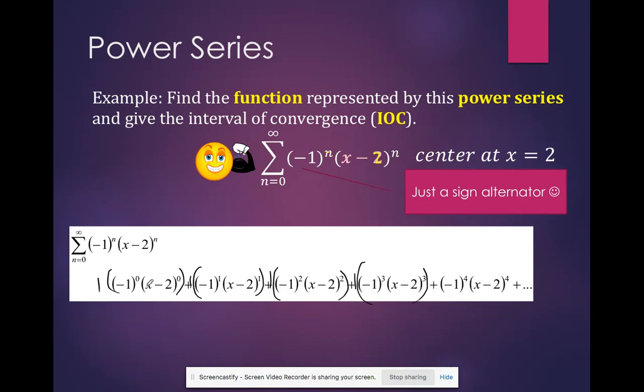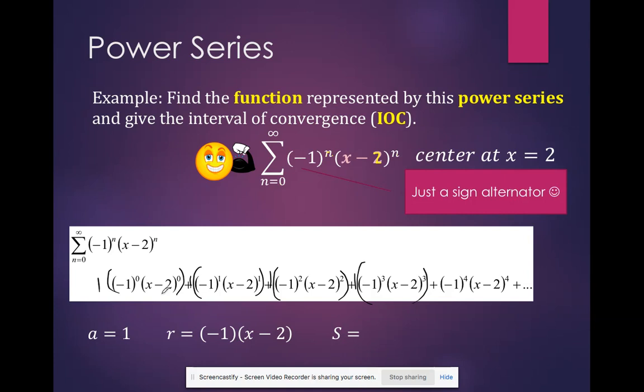But the sign alternator just kind of gets in my way. So here's how I think of it. My a is 1. I hope you can see that your first term is going to be 1. Negative 1 to the 0, x minus 2 to the 0 times 1 is going to give me a 1.